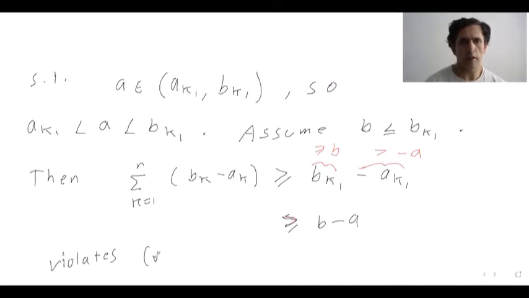So this violates our assumption that the sum is less than b minus a. So what does that mean? That means this is a no-no. b is bigger than b_k1, right?